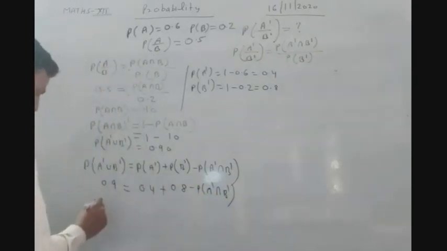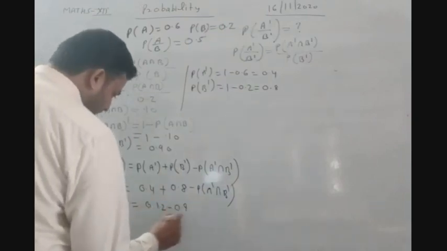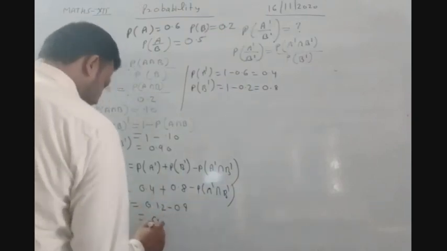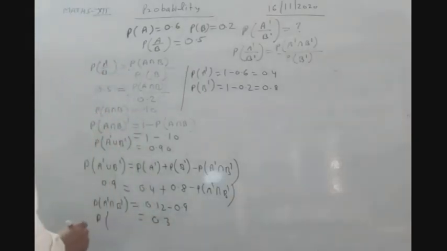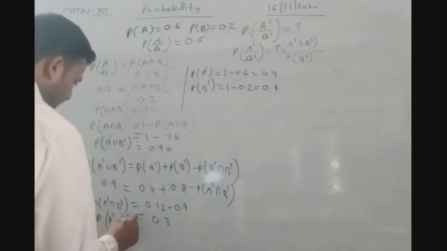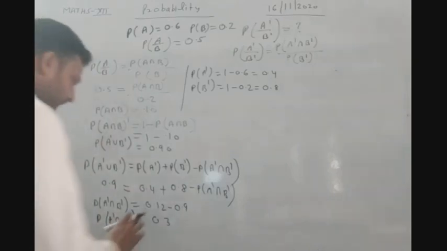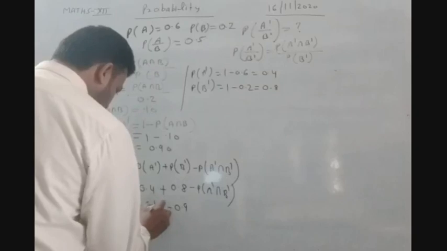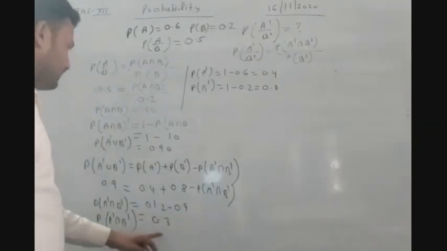So probability of A dash intersection B dash is equal to 1.2 minus 0.9, and after subtracting we get 0.3.